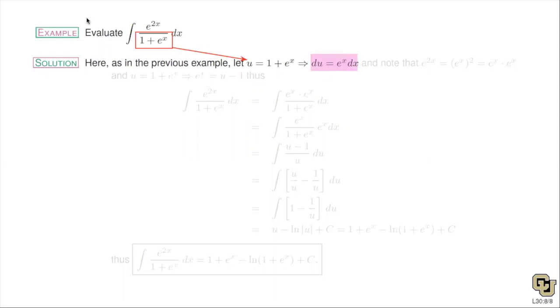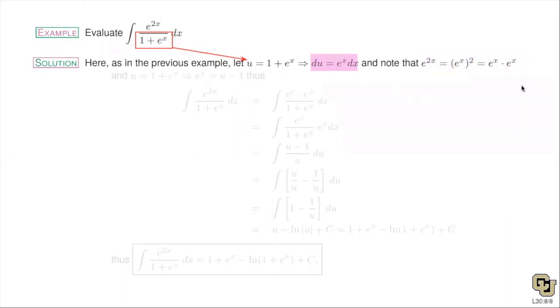But now when we actually look at the integrand, there is no e to the x. There's an e to the 2x. Okay, so here's the quote unquote trick. If we notice that e to the 2x, you can think of it as e to the x, the whole thing squared, which is the same as e to the x times e to the x.